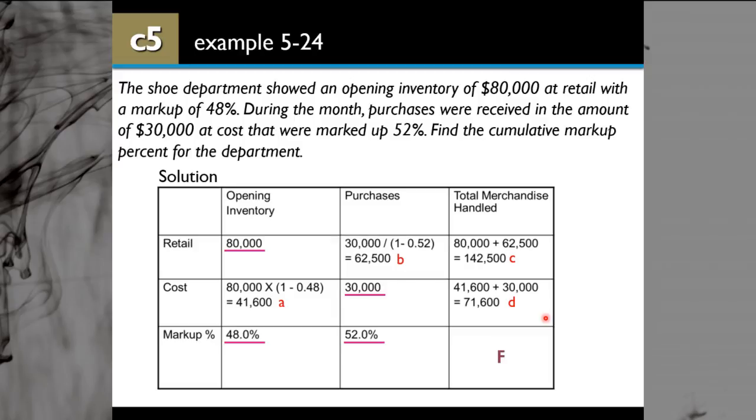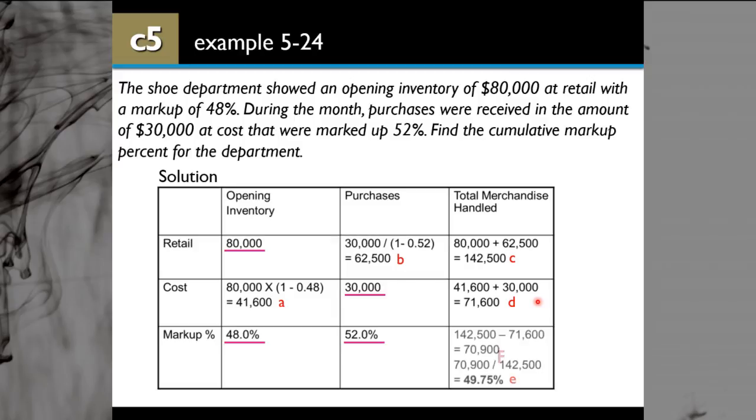So since you know your retail and cost for the total merchandise handled, you can calculate your cumulative markup percentage. The difference between these two is going to be your dollar markup, right? So you calculate that and you will divide it by your retail.